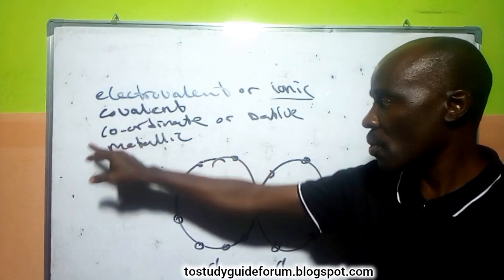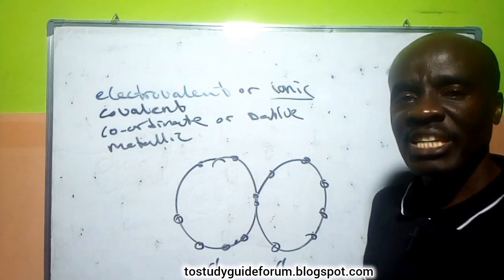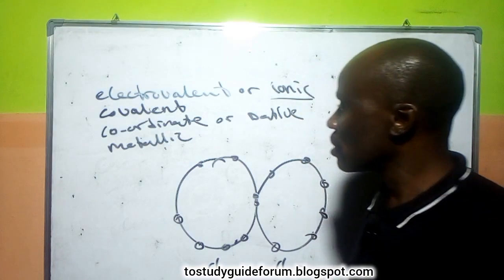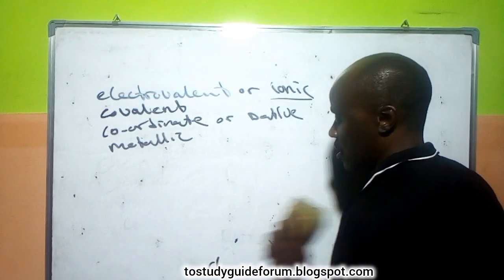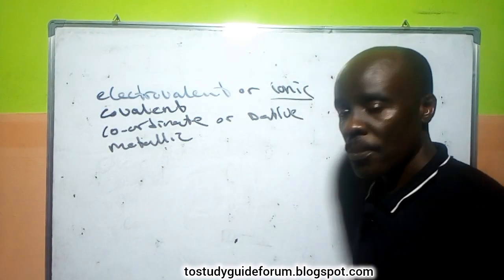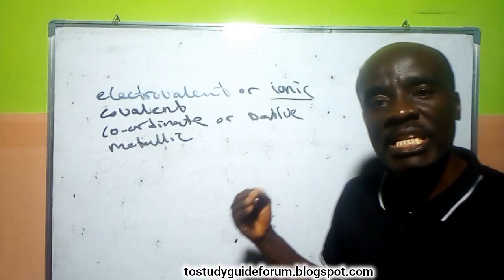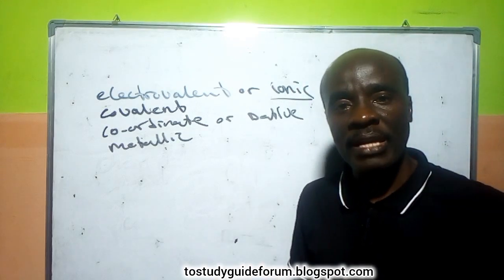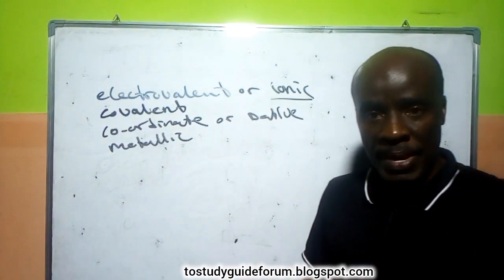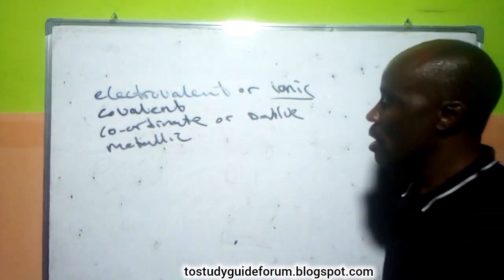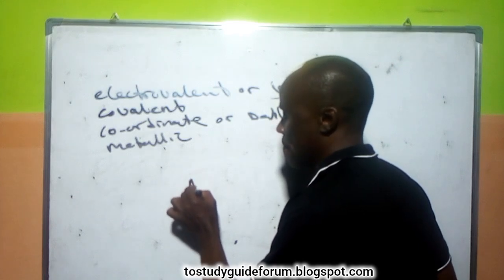Now we'll go over to the coordinate or dative bond. In the coordinate bond, what happened is more like one of them is giving out electron. Now, it can only exist where we have unpaired electron, unshared electron. For example, a lone pair. For example, what we have in ammonia.